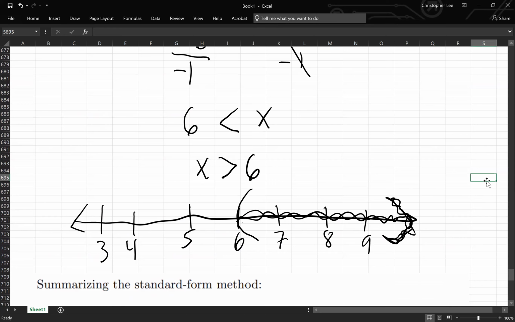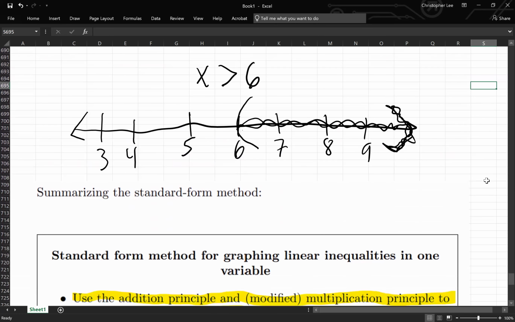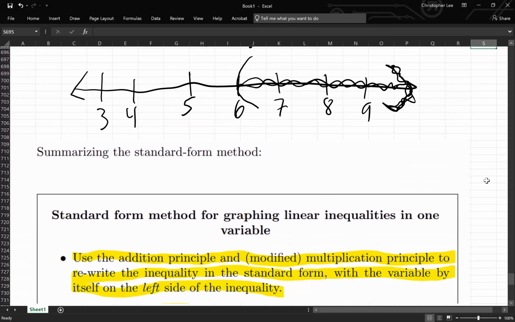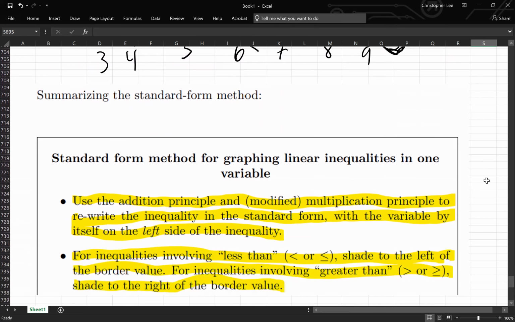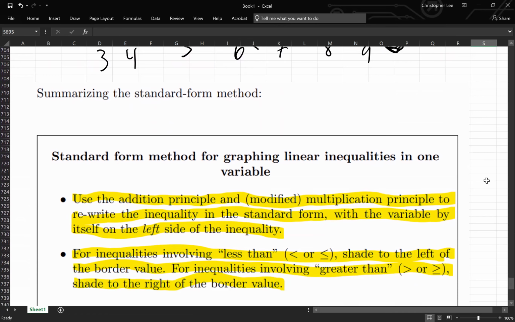All right, so let's summarize the standard form method. For graphing linear inequalities in one variable, you use the addition principle and the multiplication principle to rewrite the inequality in the standard form with the variable by itself on the left side of the inequality. For inequalities involving less than or less than or equal to, shade to the left of the border value.